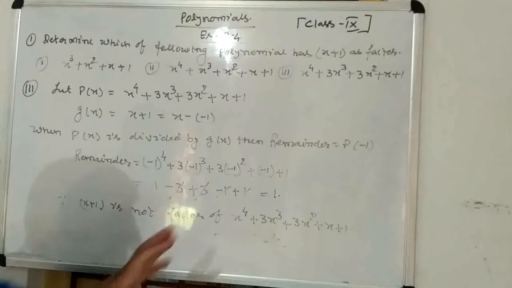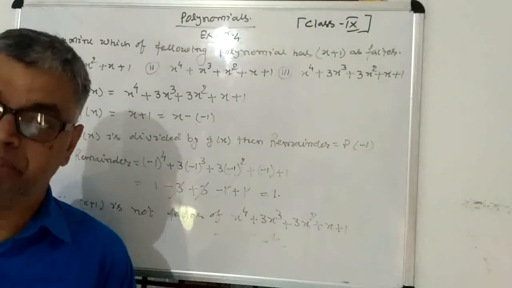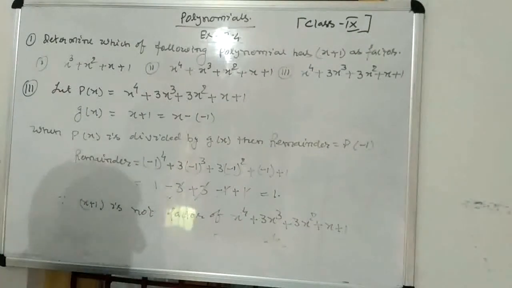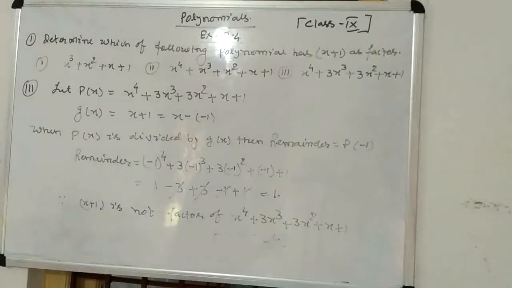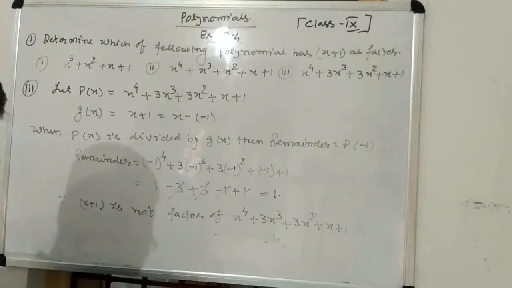If the remainder is equal to 0, then your divisor will be the factor. Otherwise, the divisor will not be a factor of the given polynomial. So, in this way, you can solve this type of question. I hope that all of you have understood this.